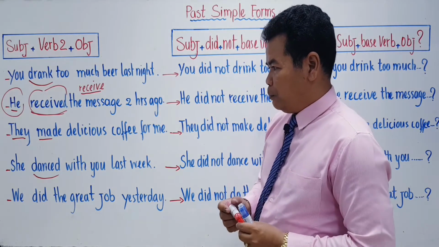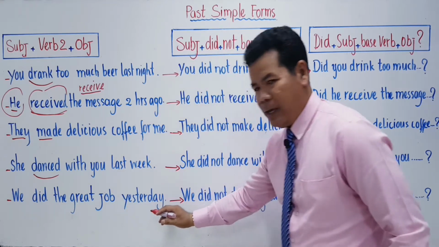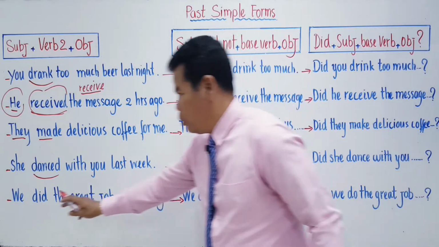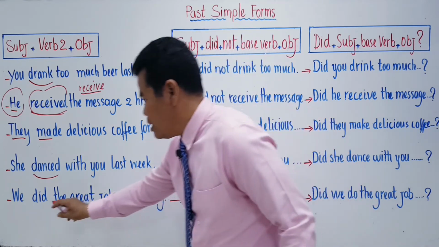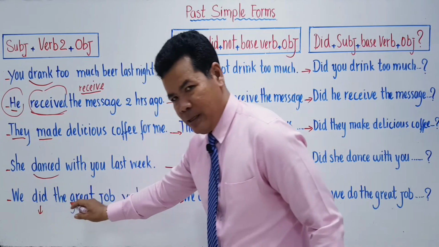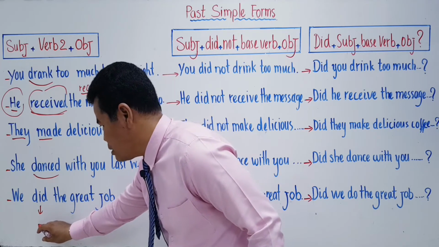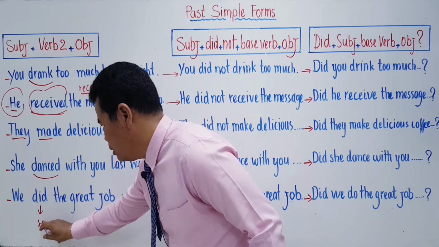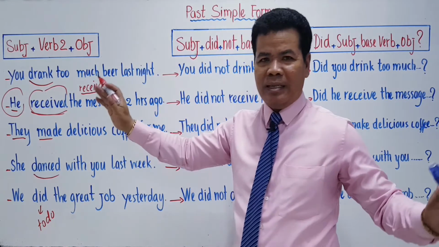Last one: we did a great job yesterday. So did is the past simple, and from the infinitive or base verb is to do. So to do and then did, this is the second one.